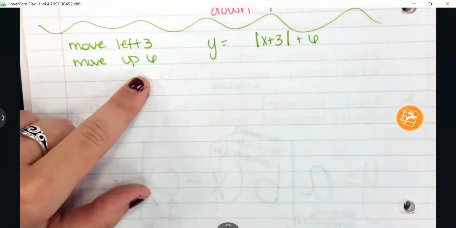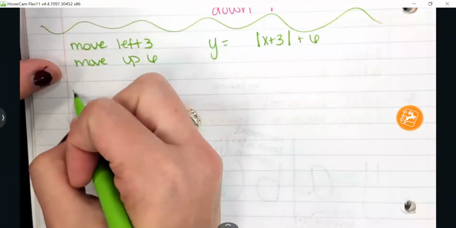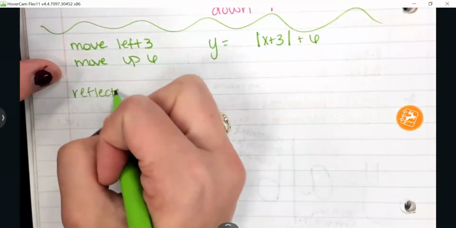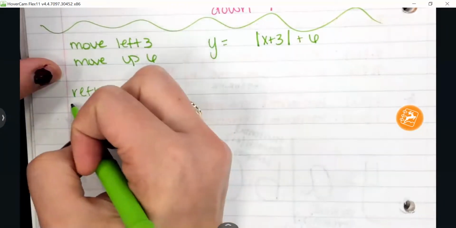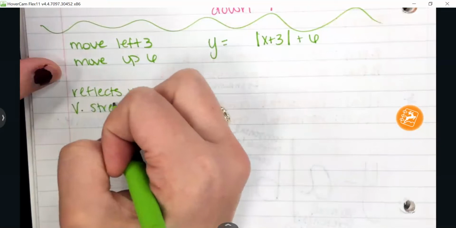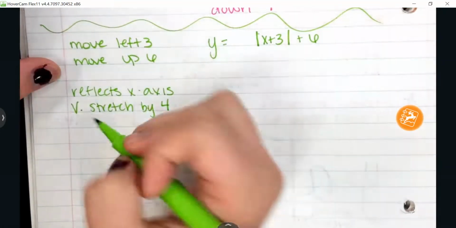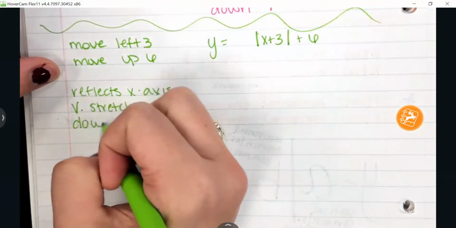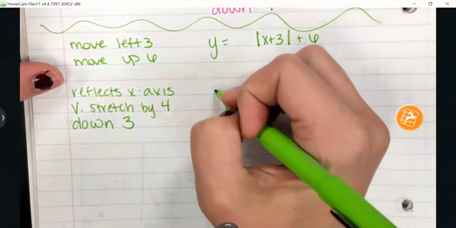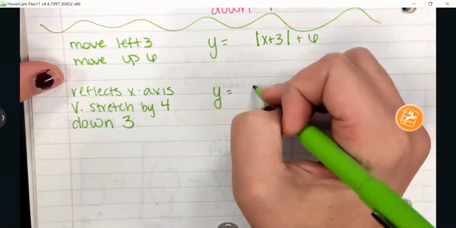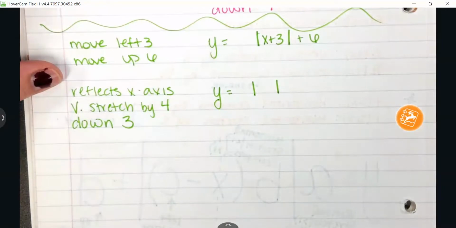+6. That's my equation. So let's go try one that says it reflects the x-axis. It has a vertical stretch by 4, and it moves down 3. So I'm going to draw my skeleton, y equals, and I'm going to have some absolute value bars.